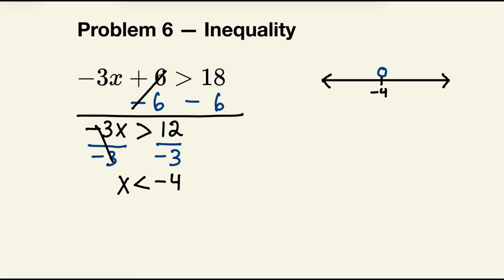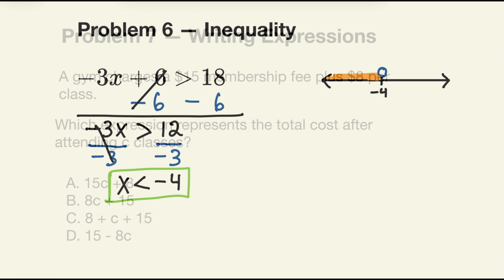And which direction are we going to shade? Well, we're going to shade left because x is less than -4. Okay, so that's your final answer. X is less than -4. So let's move on to the next problem.